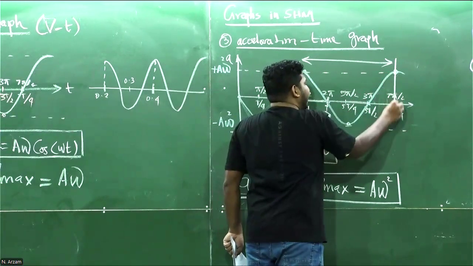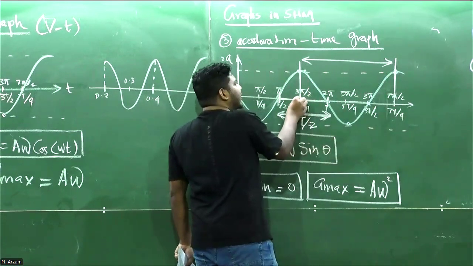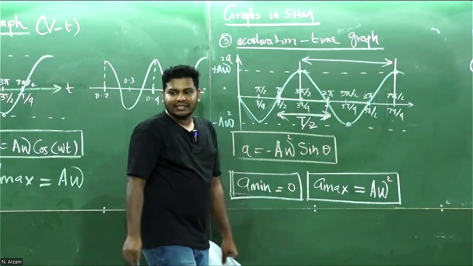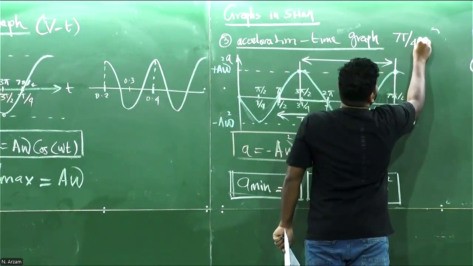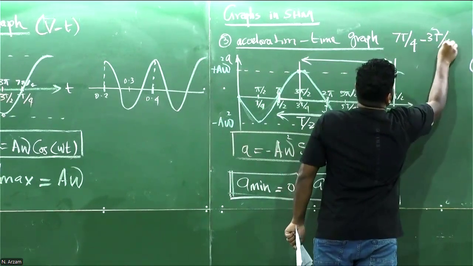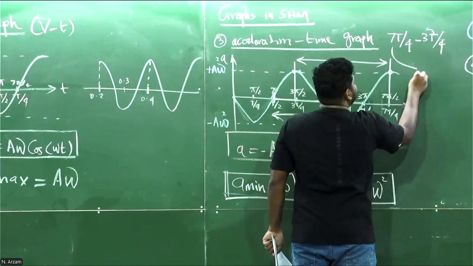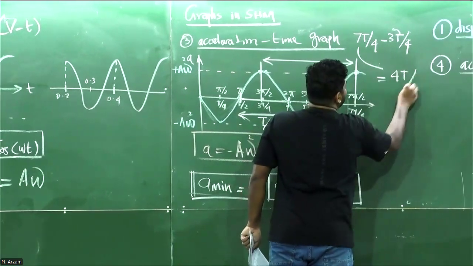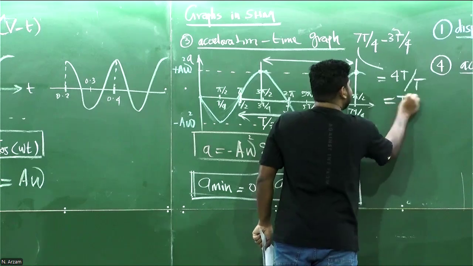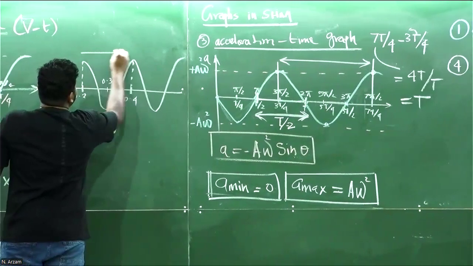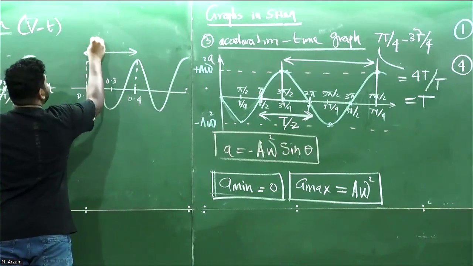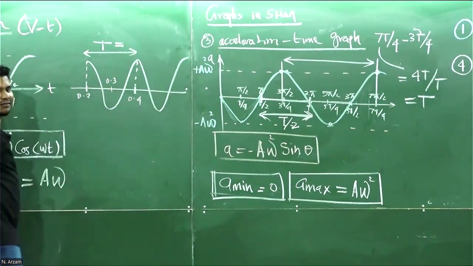This is 7T by 4. This is 3T by 4. What is the time difference? 7T by 4 minus 3T by 4. What's the value, guys? 4T by 4 is what? T. So here in this graph, this is T. T is equal to what?